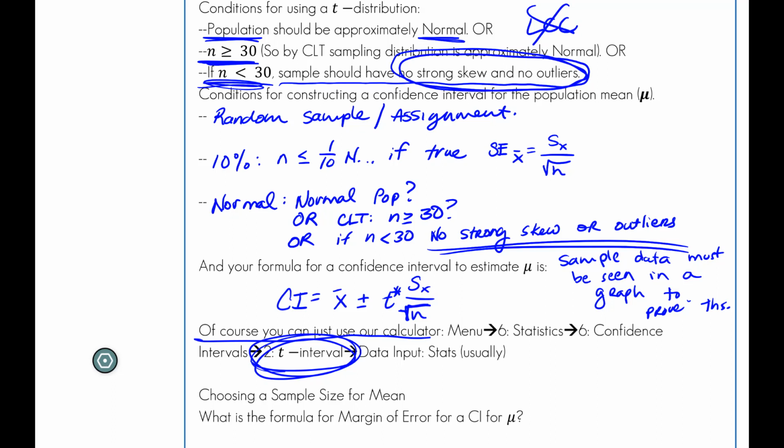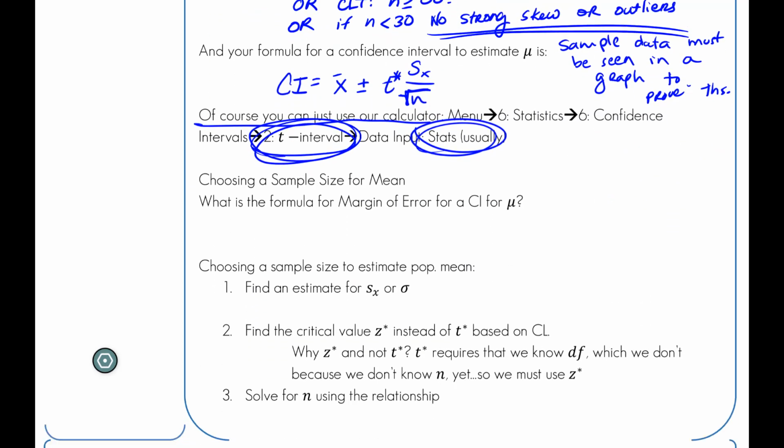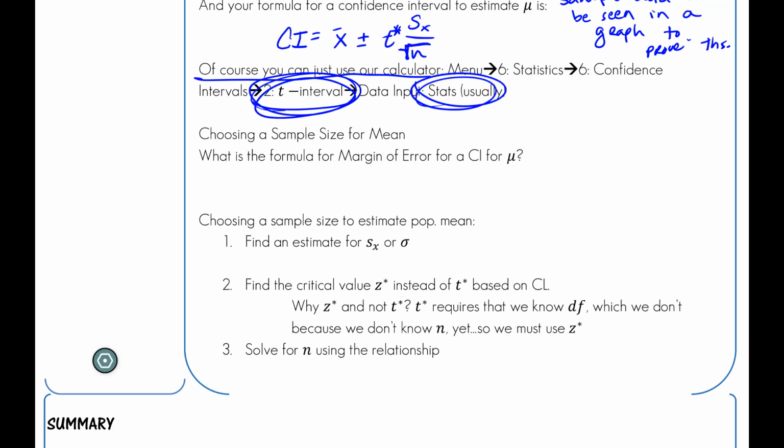That's if you had all of your individual data points in a list and spreadsheet, which we won't deal with until a little bit later, just because it adds a couple more steps that I don't want to worry about right now. So you're going to choose stats for now, at least, okay? And we'll move on from there. And then we'll be able to choose a sample size for a mean in a little bit. But for now, let's actually go and create these confidence intervals and interpret them.